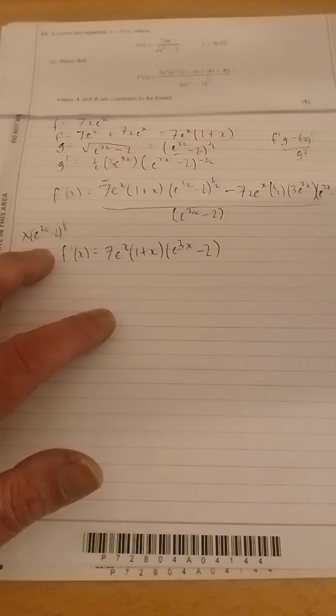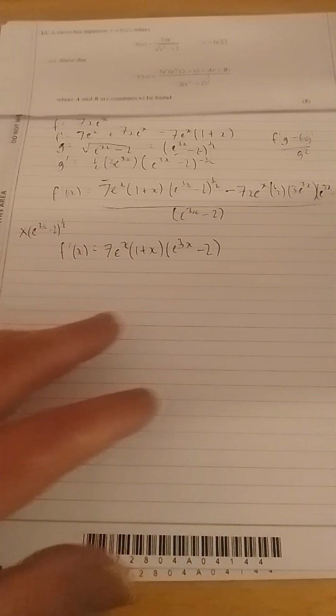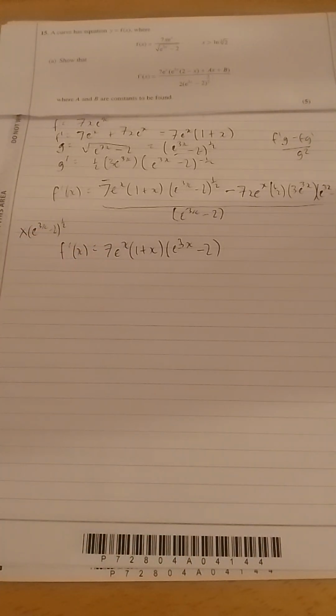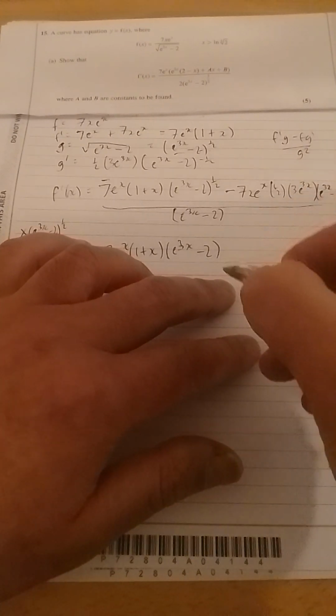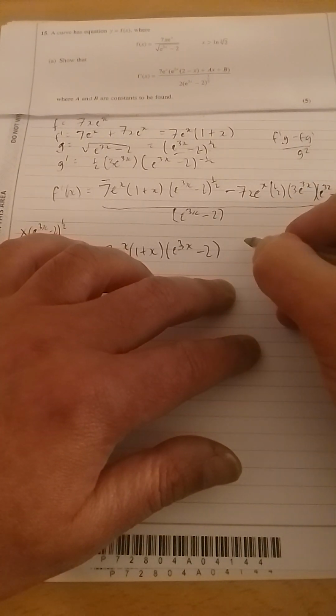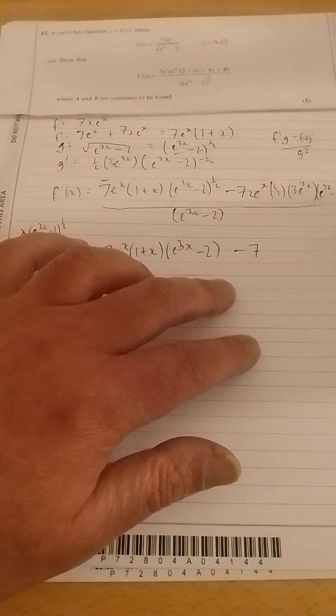And now here, this I can simplify slightly. What I'm going to do is take this inside, so it'll be minus 7 here, and I'm going to combine these all together here.